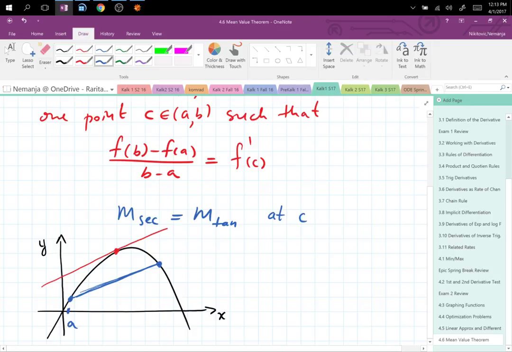So these would be your A and B, the blue ones, and the red one would be C.